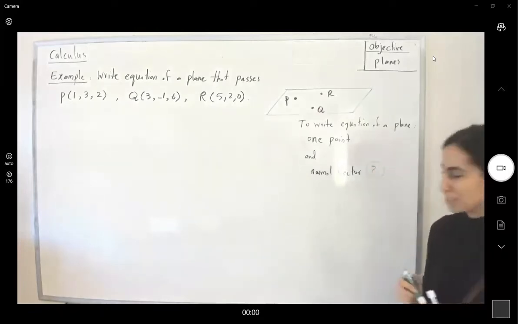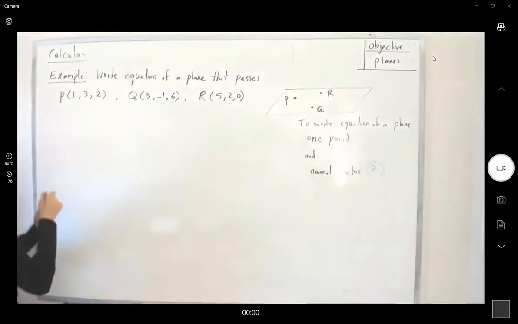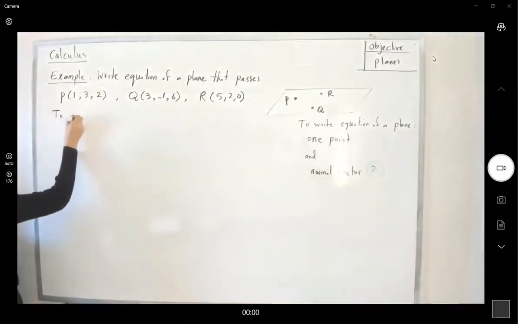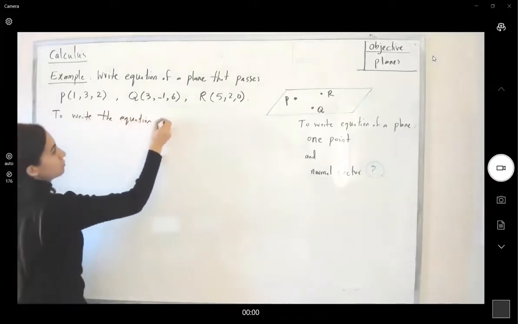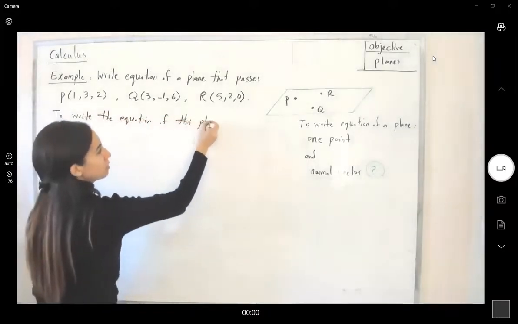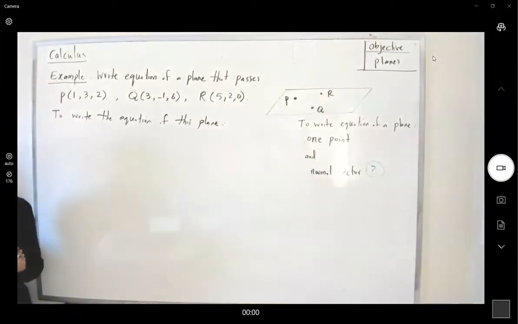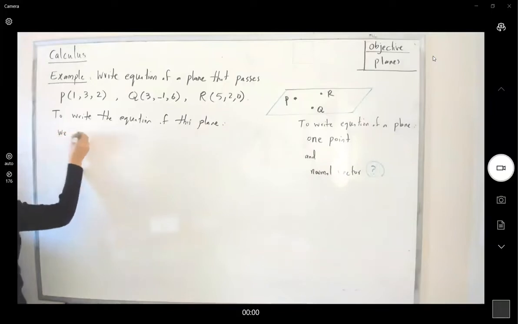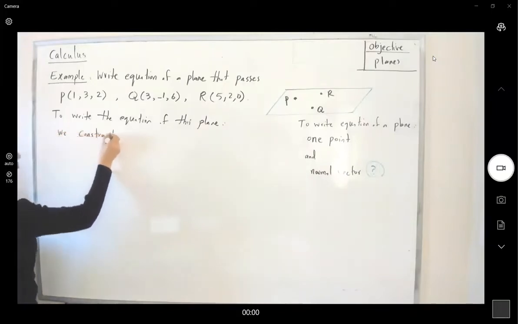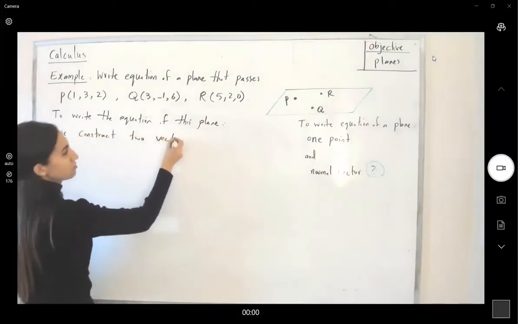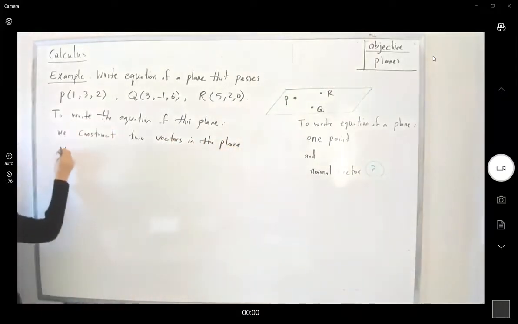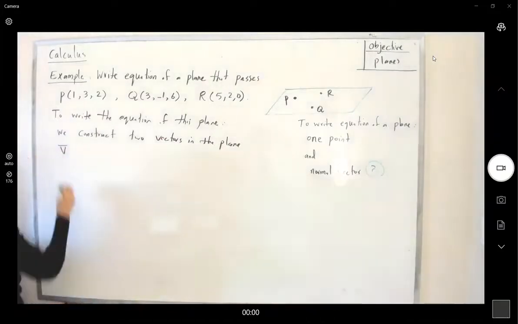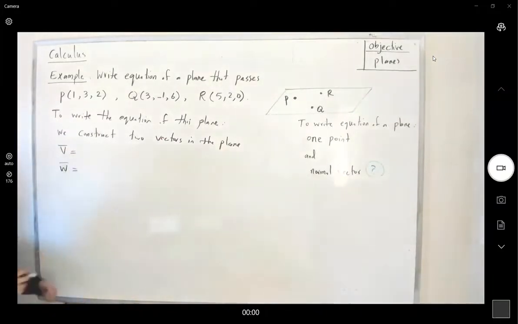How do we find the normal vector to write the equation of this plane? We have our point. We need the normal vector. We construct 2 vectors in the plane, V and W. Why do we need 2 vectors?